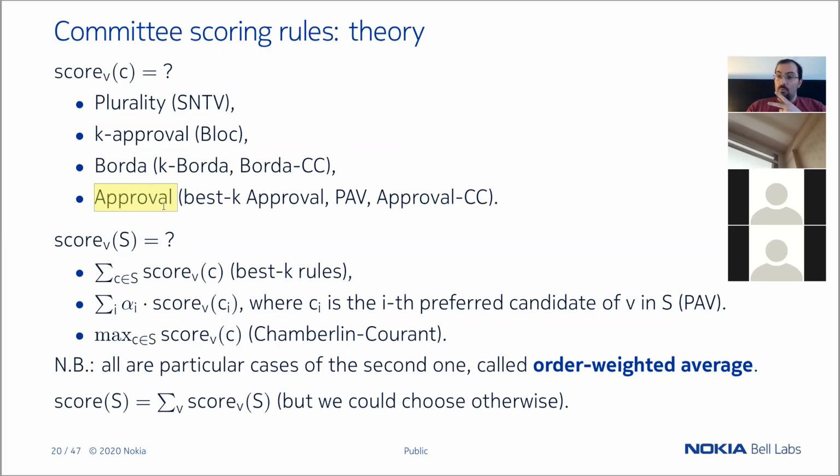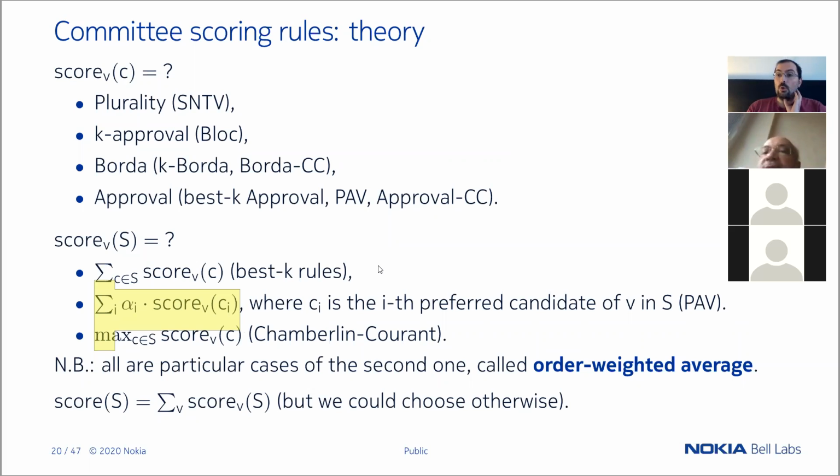And then again, you have several options. The first option is simply to take the sum of the scores that you assign to each candidate. That is what you do in the best case rules. The second option is to make a weighted sum of the scores that you assign to the candidates. But this weighted sum is a bit special because the weight depends on the rank in your preferences.